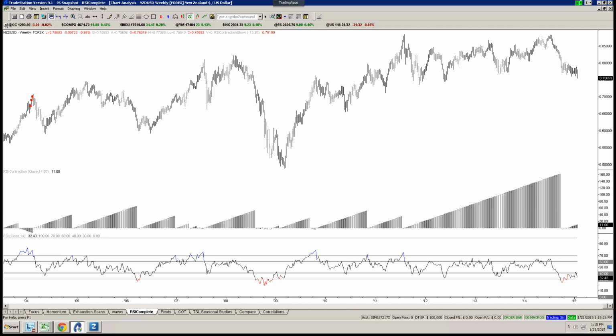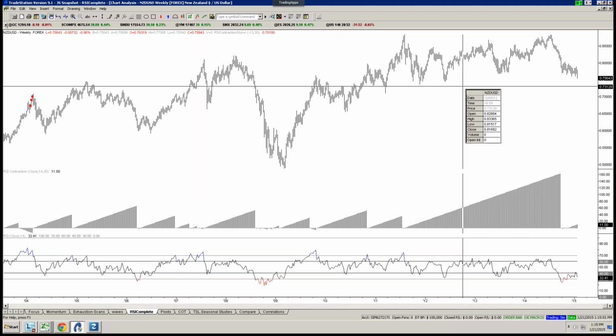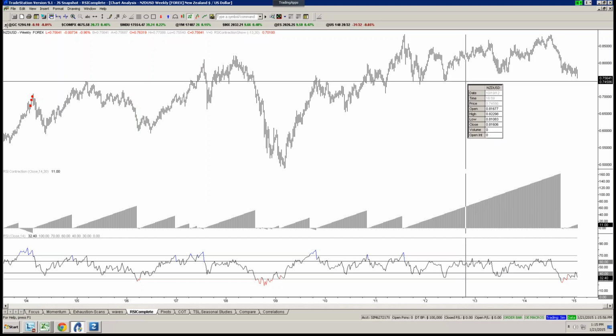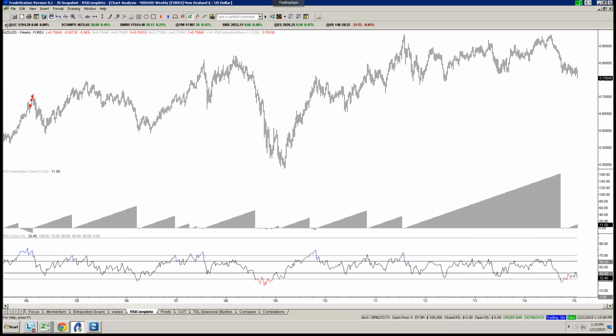So what we have here is basically an extremely coiled market, and coiled when you look at it from a very objective view like this RSI contraction reading, and it basically provides a lot of spring, a lot of fuel for what could be a very large move, right? General rule is the larger the consolidation, the larger the ensuing trending move that follows.